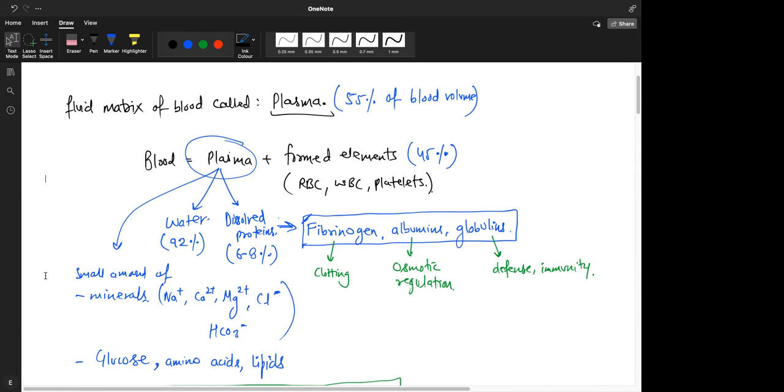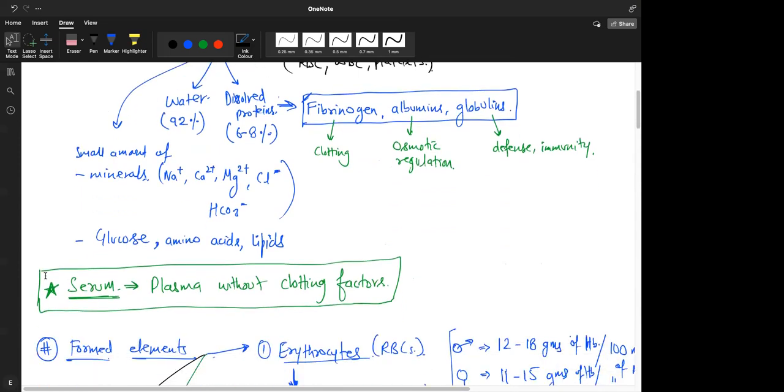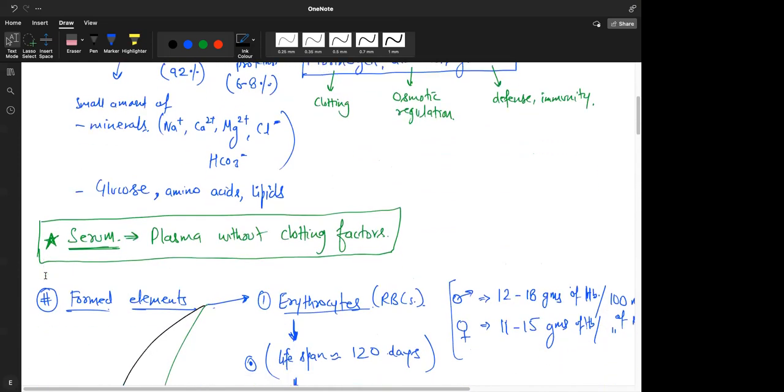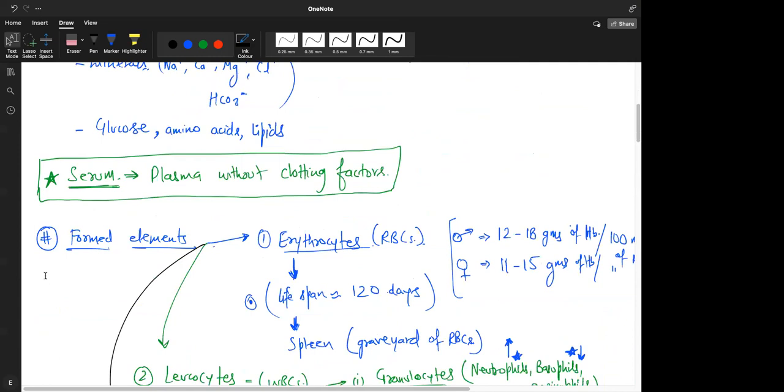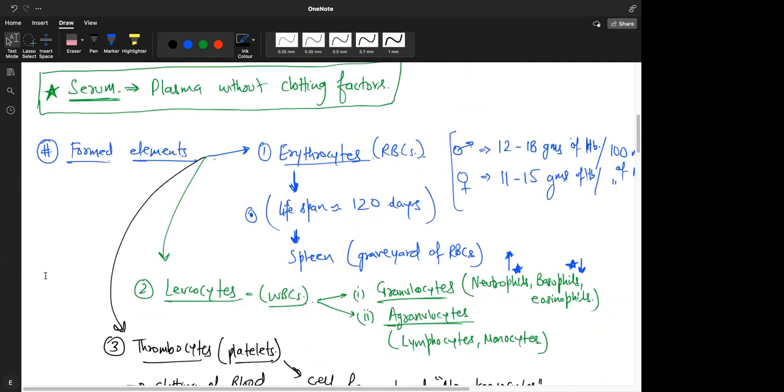The fibrinogen protein present in plasma is used for clotting. Globulin is used in the defense mechanism and immunity, and albumin is for osmotic regulation.